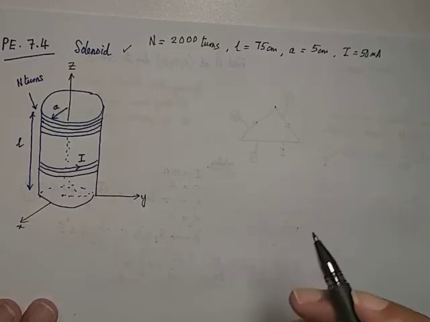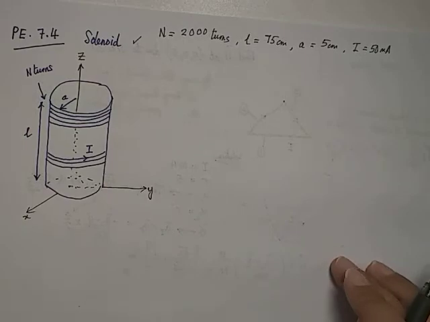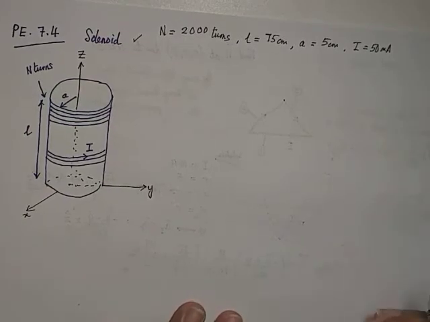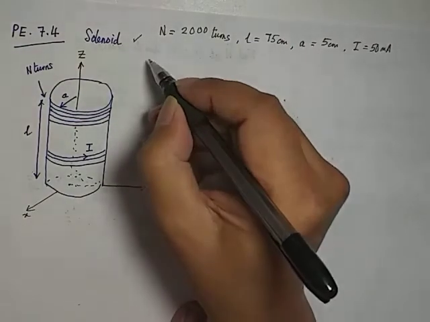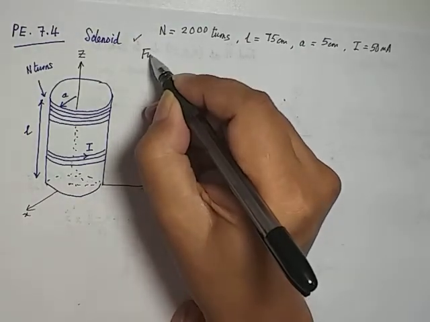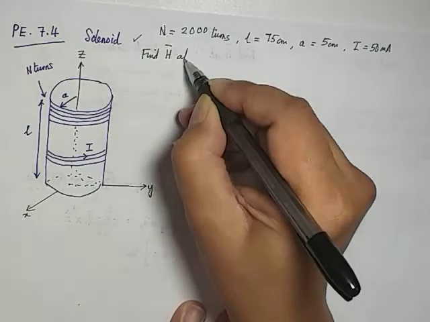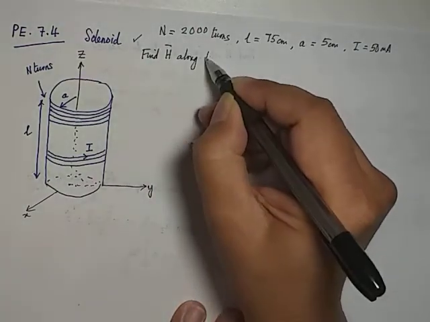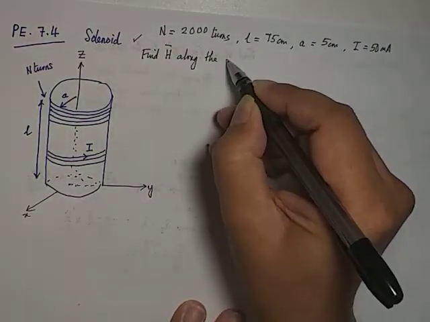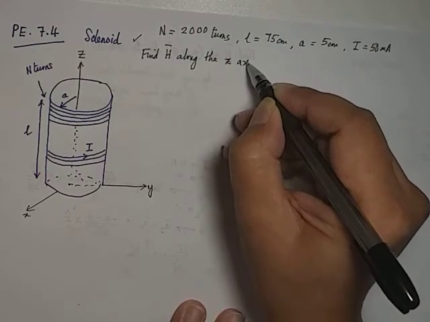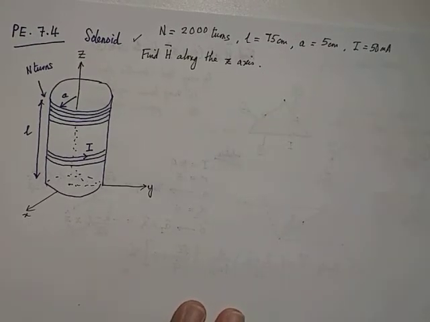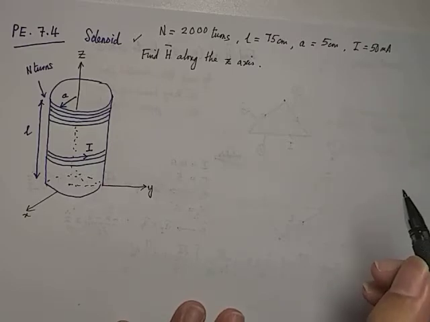Now let's change the question slightly rather than giving a specific problem. Let's say find H along the z-axis. Let's make it more general rather than trying to answer the Sadiku question, because Sadiku asked at a specific position.